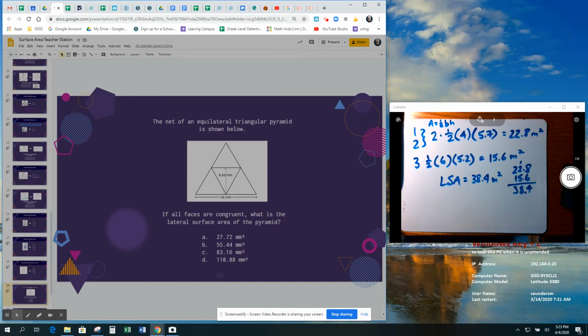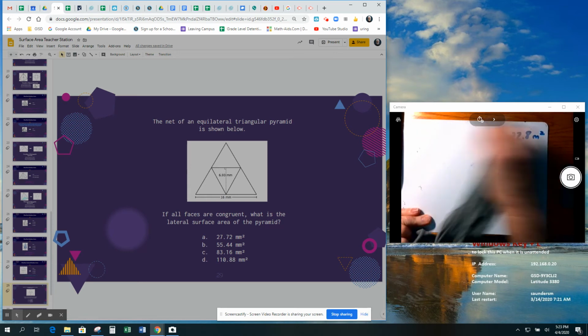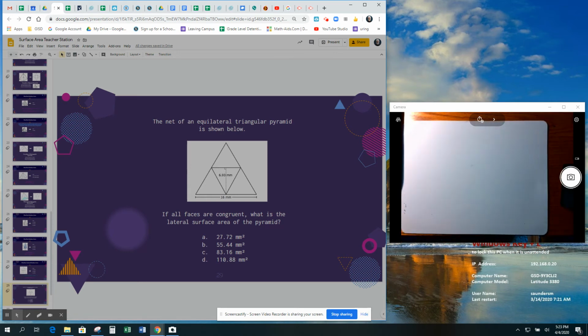Okay, the net of an equilateral triangular pyramid is shown below. Equilateral means that all the sides are the same. So this side is equal to this side is equal to this side. If all of the faces are congruent, what is the lateral surface area of the pyramid?